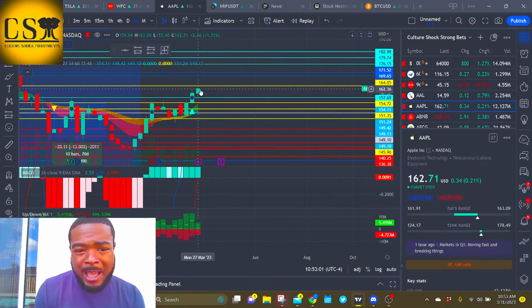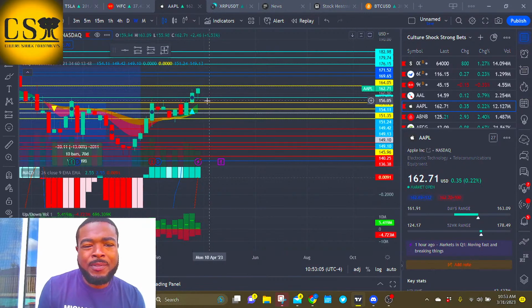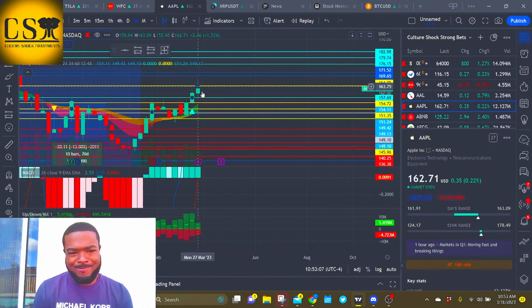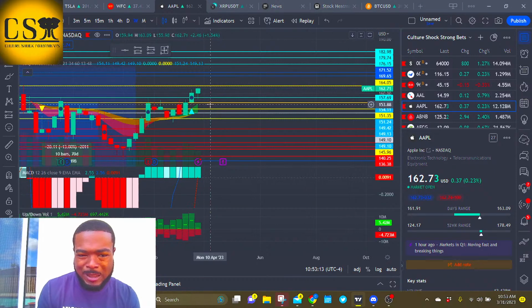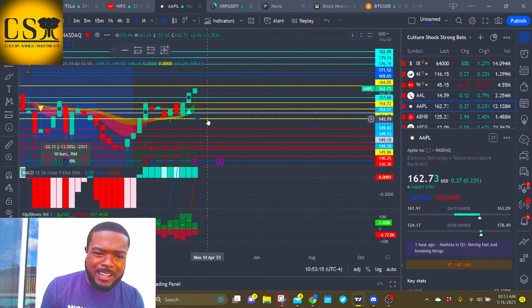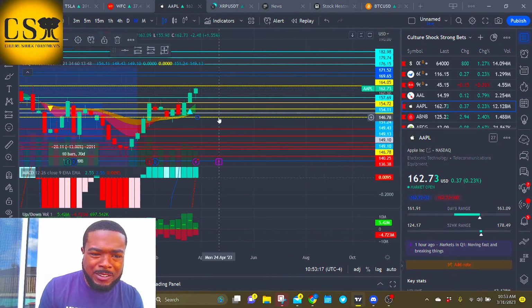Or if I add into Apple right now, I would say if it breaks down below the support level, that'll probably be my early exit instead of waiting for the 10%, because I know if it breaks down below the support, we're most likely in for a larger pullback.